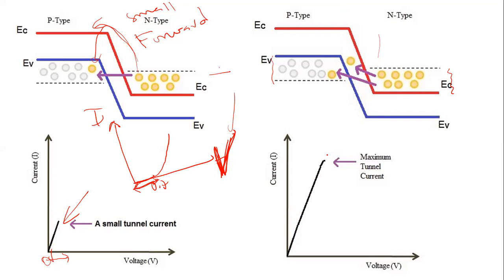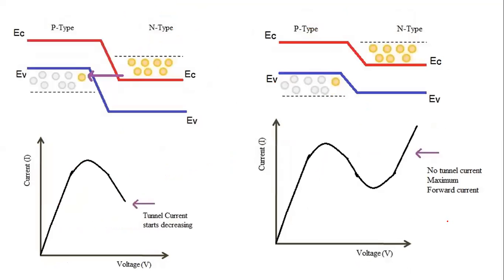Now, when you increase the forward voltage further in this direction, you are lifting the conduction band on the n side further up, and you are lowering the valence band on the p side further down. When that happens, the electrons in the conduction band will no longer be aligned; they become misaligned, because the electrons in the conduction band of n-type are lifted up here.